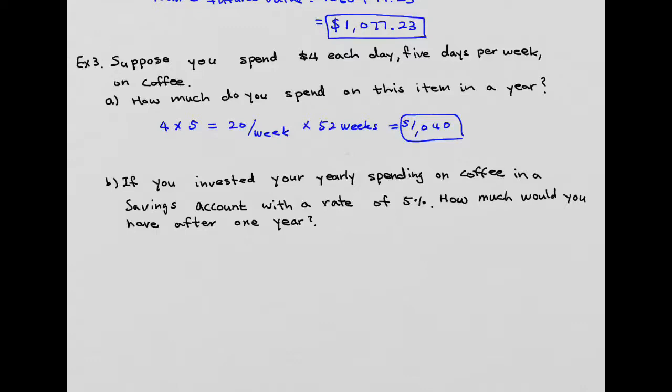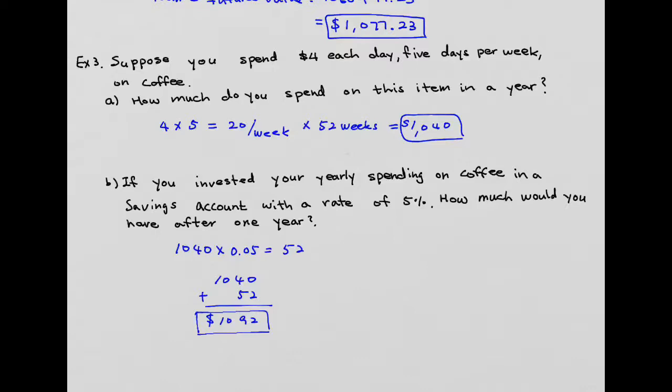So let's do 1040 times 5%, so 0.05, will give you $52. And then the amount that you're investing this time is 1040, and when you add 52 to it, you end up getting 1092.